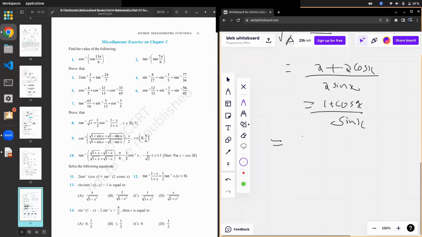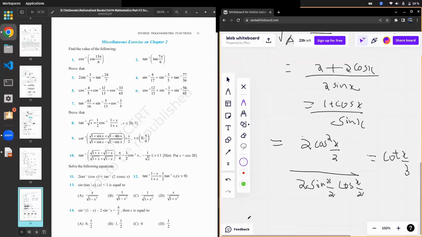So the plus 1 and minus 1 will cancel. So it will be 2 cos square x by 2 divided by 2 into sin x by 2 into cos x by 2. So this will be equal to cot x by 2. So the value will be cot inverse of cot x by 2.